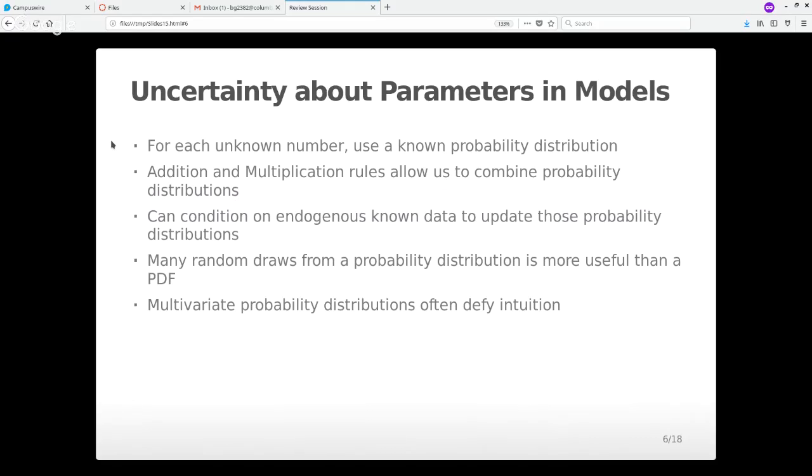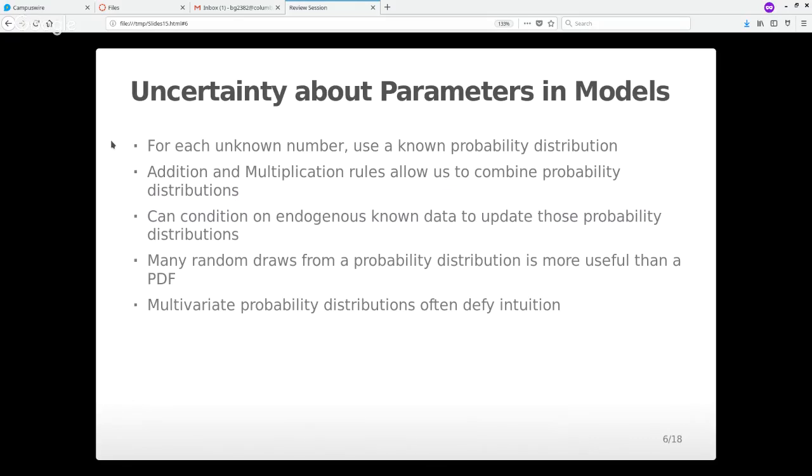And so saying, okay, this thing could be any real number and all real numbers are equally possible is not a coherent set of beliefs. And it makes it impossible to actually draw from any of these. But as long as you're using well-defined probability distributions, anything you don't know, you can just put in a distribution that represents what you believe about it.